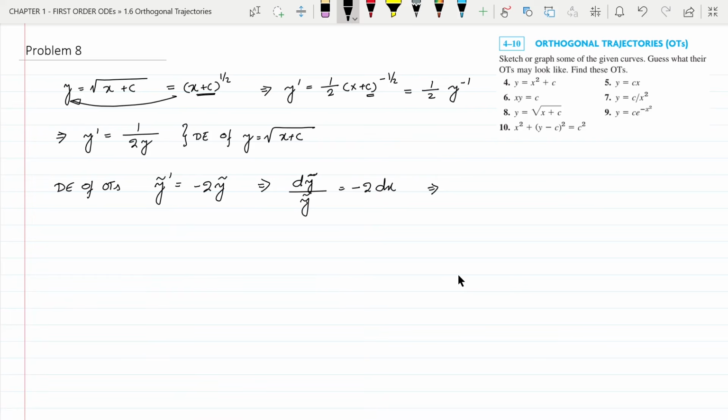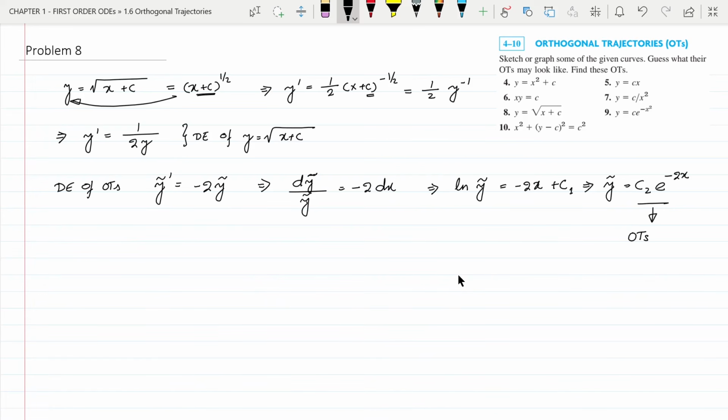We integrate both sides and we obtain natural log of y tilde equal to minus 2x plus constant of integration c, and let us take this as c1, and from here we can write y tilde equal to c2 e to the power minus 2x, and this is the equation of the family of orthogonal trajectories. So these are the OTs.